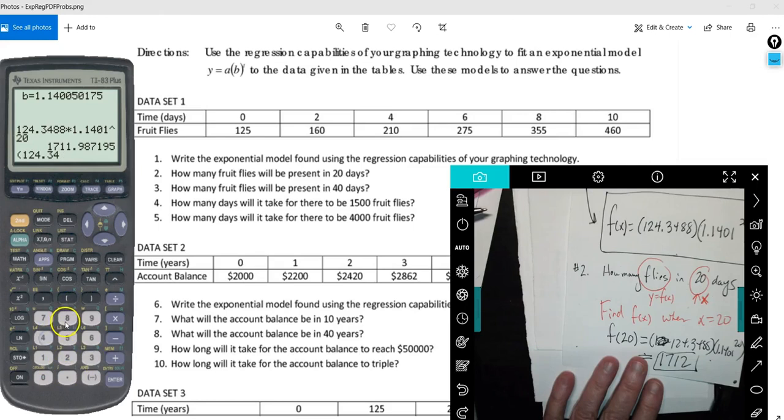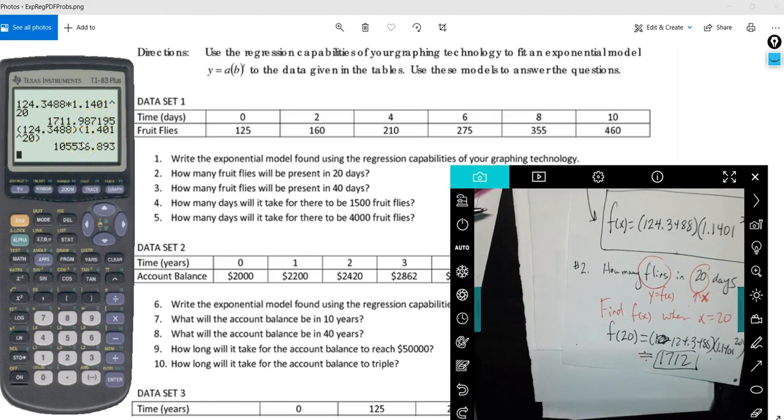So 3, 4, 8, 8, and then parentheses. Close parentheses. Oh, what did I do there? Oh, okay. I'm having to do this with the mouse, and it needed to be 1.1401. I left out the 1 there.